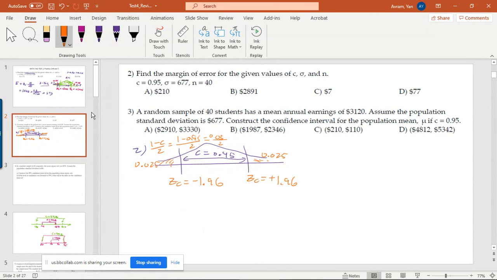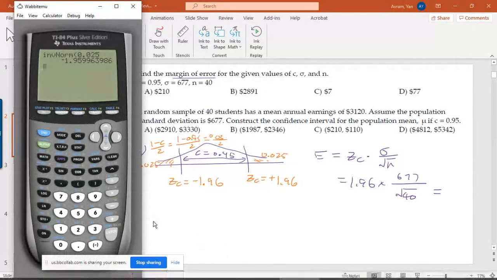And then we use the same formula as we had earlier to do the calculation. We still want to find the margin of error, all right? That's z sub c times sigma divided by square root of n. And then sigma here is 677, n here is 40, right? Whatever the question format asks, we use that format.